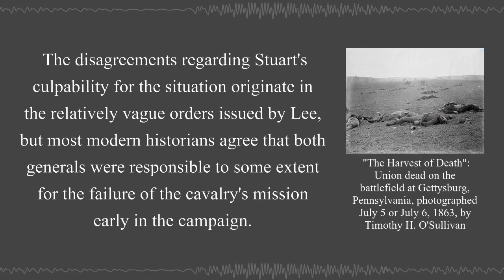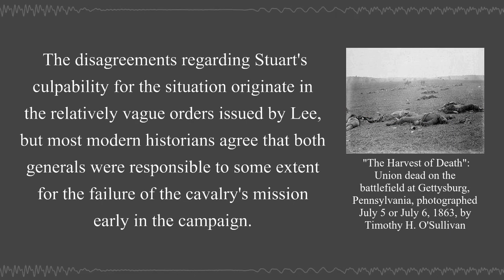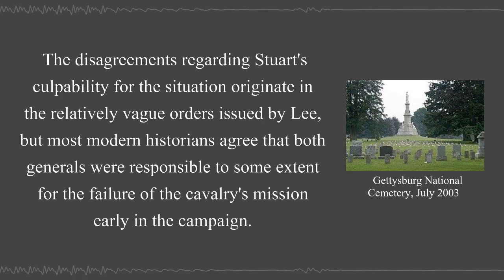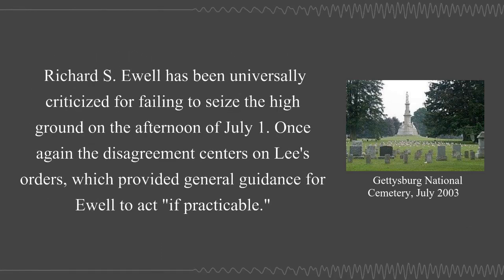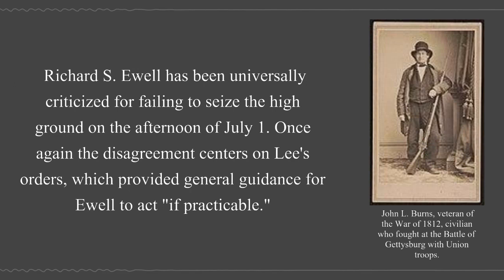The disagreements regarding Stuart's culpability for the situation originate in the relatively vague orders issued by Lee, but most modern historians agree that both generals were responsible to some extent for the failure of the cavalry's mission early in the campaign. Richard S. Ewell has been universally criticized for failing to seize the high ground on the afternoon of July 1.